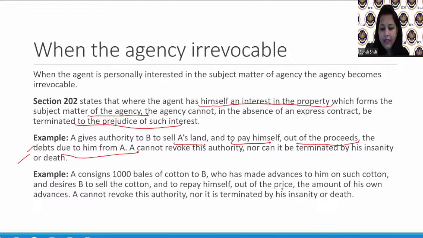So we can take 5 minutes. We have time till 7:30. Let me know if you have any queries or confusions on the topics that we have discussed, which is revocation of authority, that is termination of agency, and the effect of termination. Any queries in this topic? If you have queries, you can put them in the chat box.